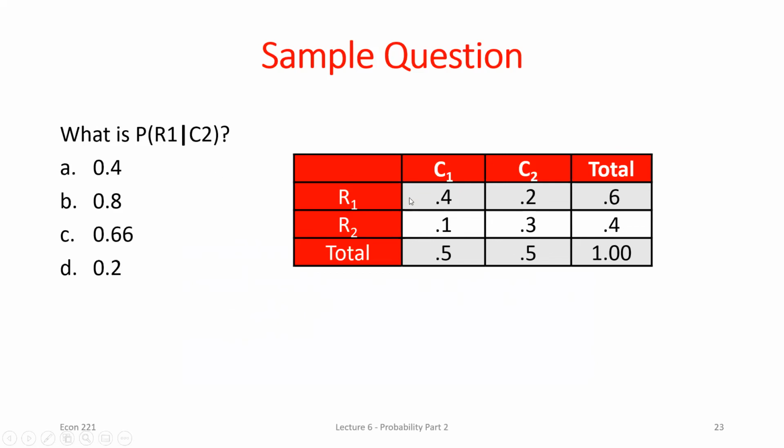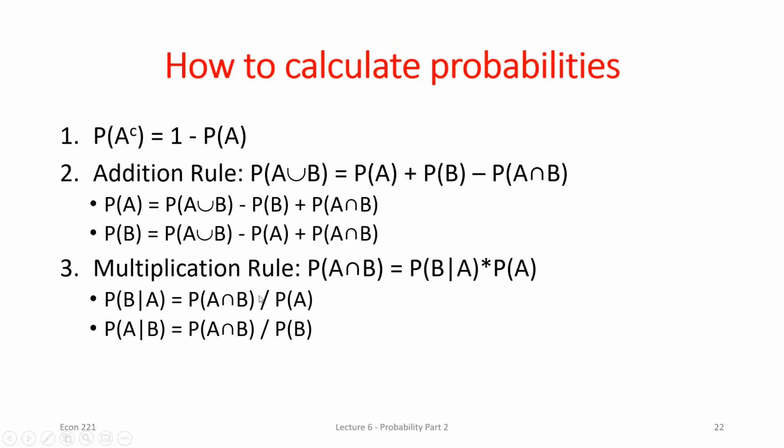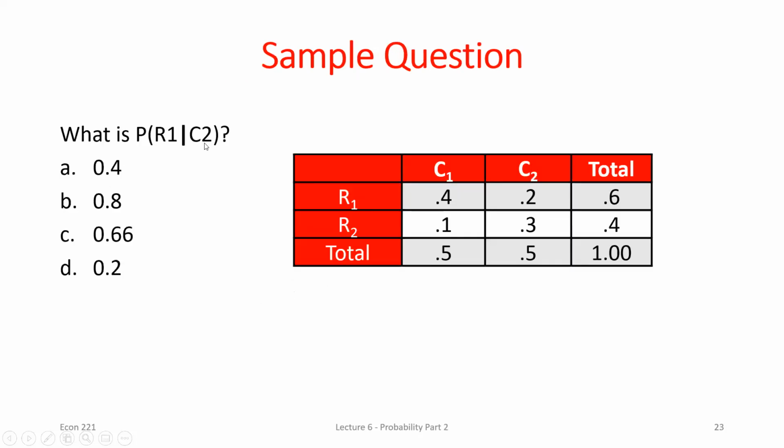Yeah. So R1 and C2, the intersection, that's what those top four cells represent, that's 0.2. But from there, I have to divide by what I'm conditioning on. What am I conditioning on here? C2, right? So I'll take that 0.2 and divide it by the probability of C2, which is 0.5. 0.2 over 0.5 gives me 0.4, okay?